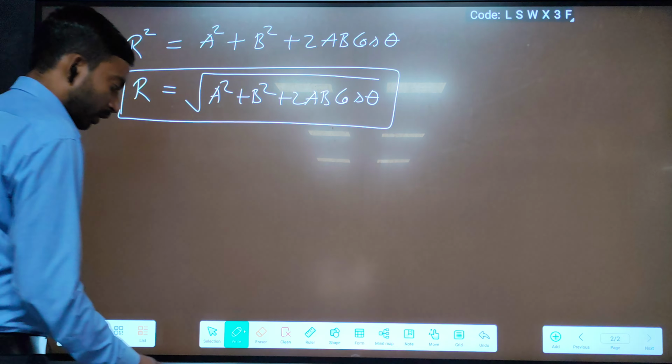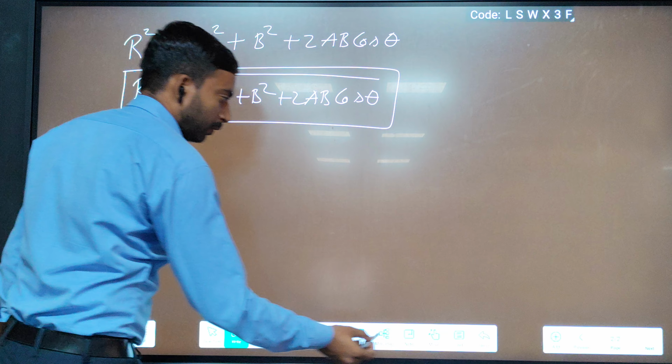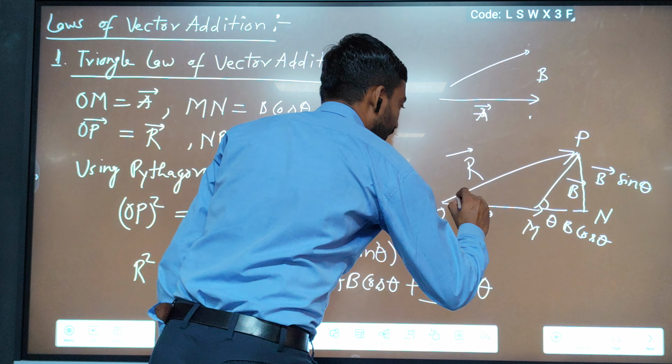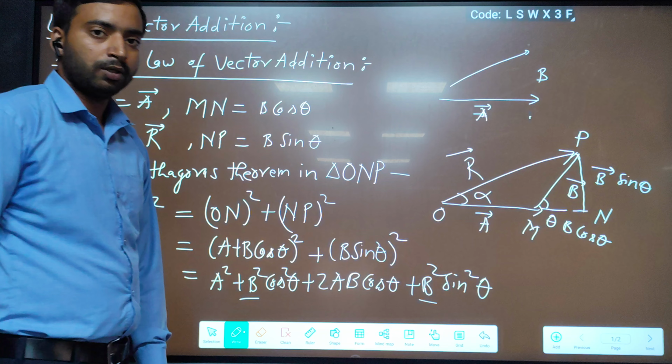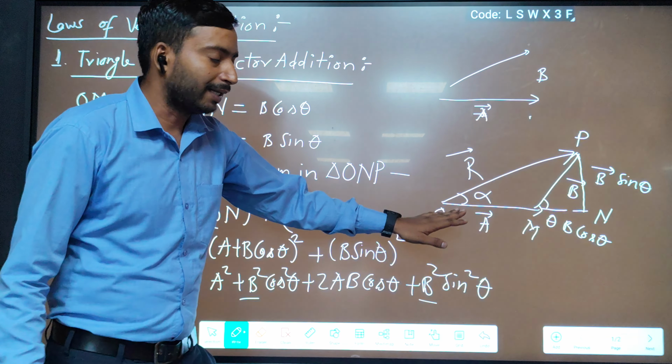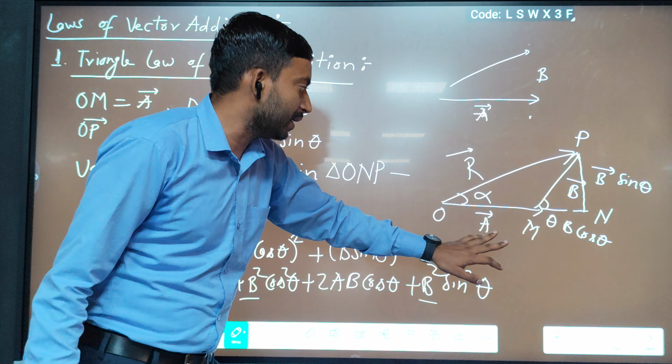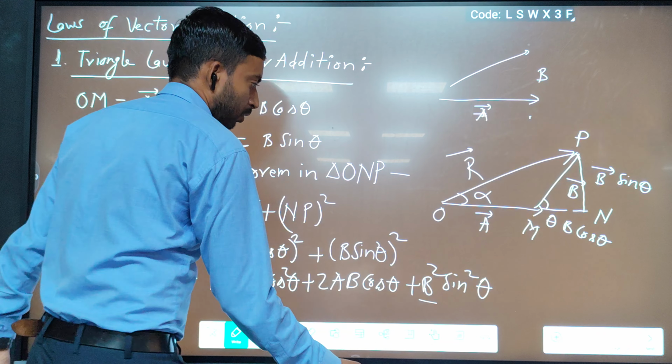And now, as you can see, what will be the direction of the resultant vector? Let's consider this angle is alpha. Applying tan, tan alpha equals perpendicular upon base. Perpendicular is B sin theta and base is A plus B cos theta.